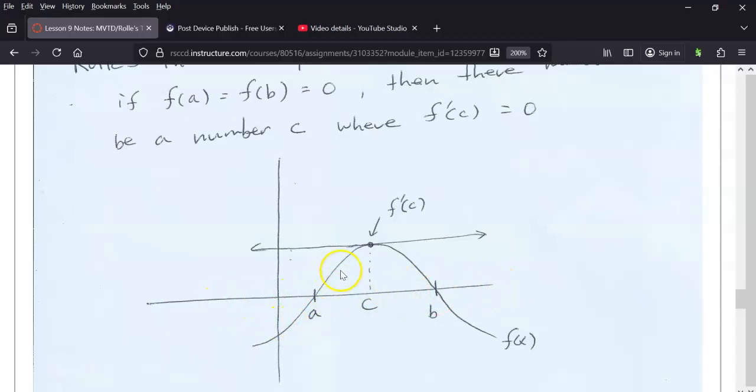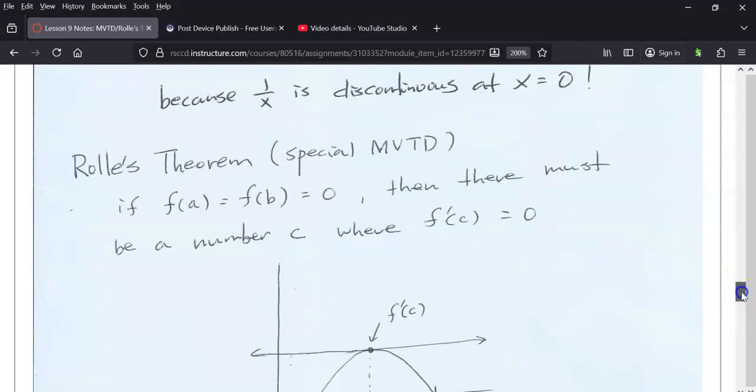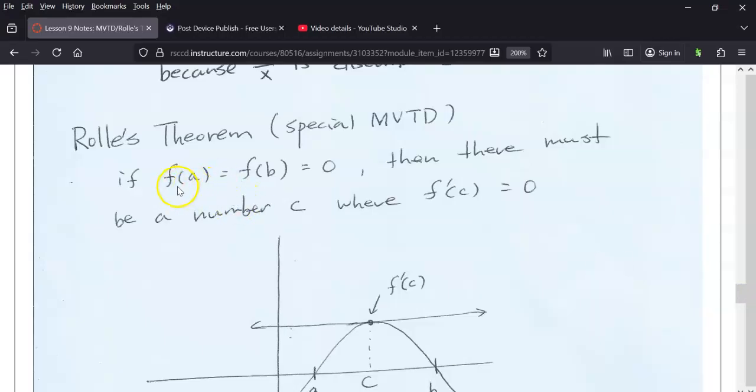Using the mean value theorem, if the slope between a and b happens to be 0, you must find a c with the same slope, which is 0. So when f of a equals f of b equals 0, then f prime of c must equal 0. This particular situation we call Rolle's theorem.